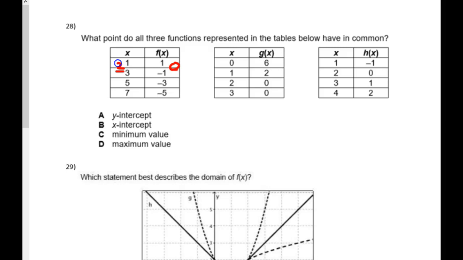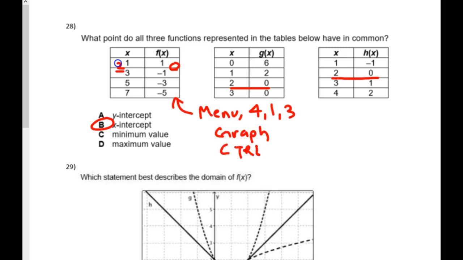So since (2, 0) is across the board, that's the same x-intercept. What can you do with that one? You can do menu 4, 1, 3, graph it, and then Control T to get the table, and you'd see the (2, 0), and the other ones have (2, 0). Same x-intercept.